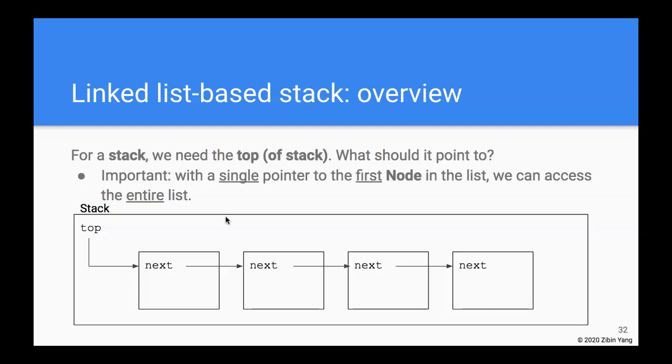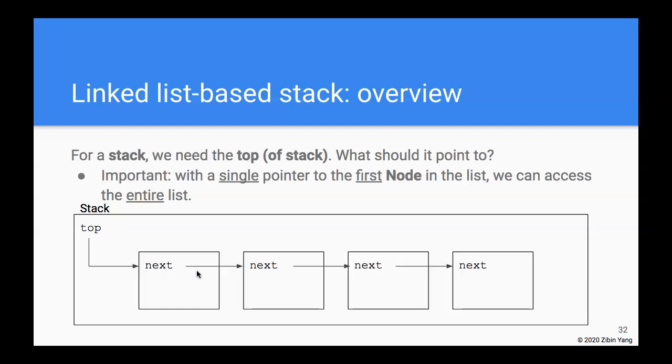And it's also important to see that with a single reference or a single pointer to the very first node in the entire linked list, we can reach the rest of the linked list by traversing using the next pointer, and next pointer, right? We can get to all the content in the linked list.